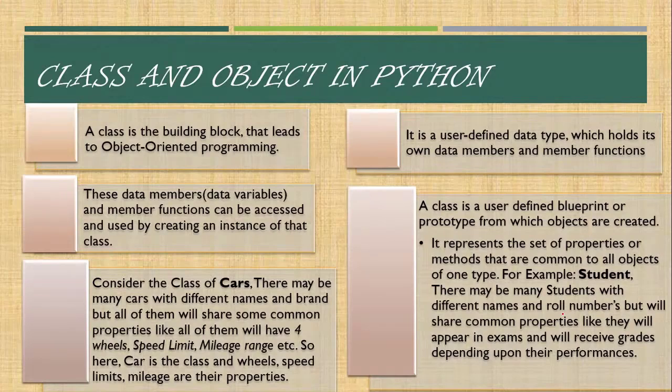All these will be the properties of a car. We can see that a car object is totally different from a student object. A student object is also somewhat different from a faculty or instructor object, because instructors will not have any roll number and they would be getting some salary, but the students won't be getting any such thing.